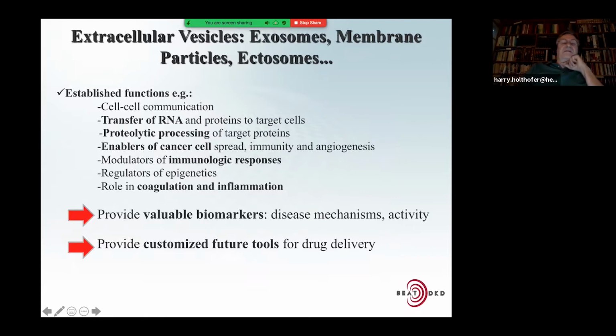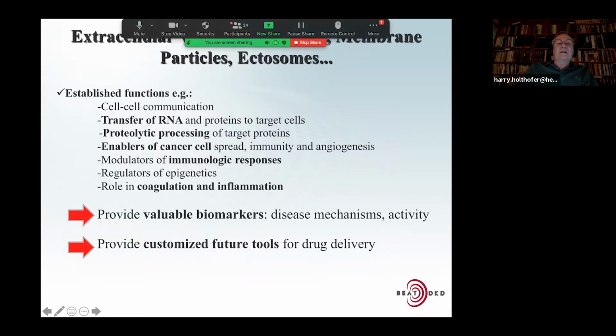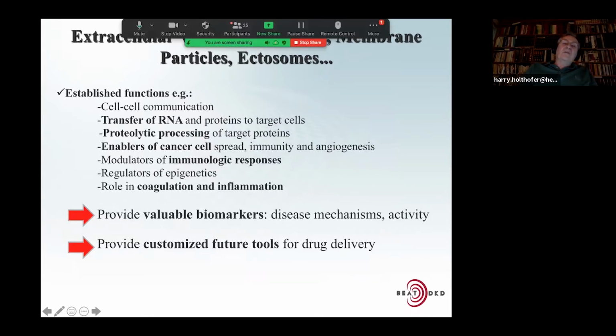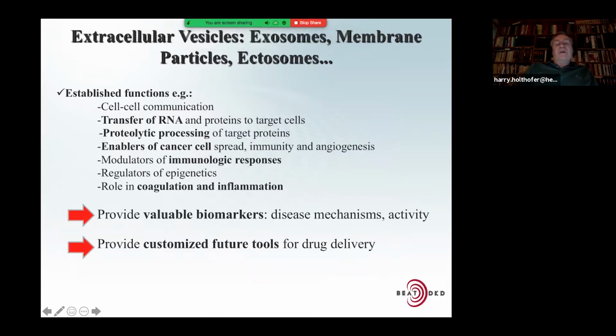This is not new to anyone here. So some of the established functions, and these are going to finer and finer detail all the time: cell-cell communication, transfer of RNA, proteolytic processing of target proteins, enablers of cancer cell spread, so metastasis, modulators of immunological responses, so coagulation and inflammation as well. They seem to provide very valuable biomarkers, or a search for biomarkers, at least at this point.